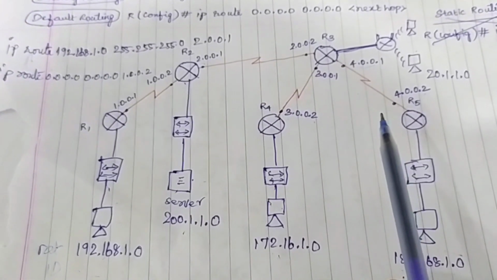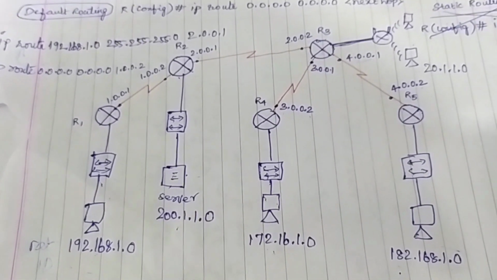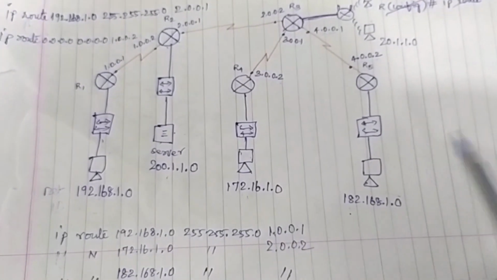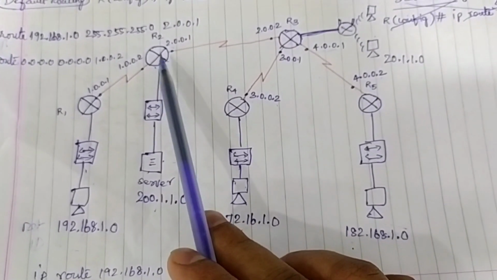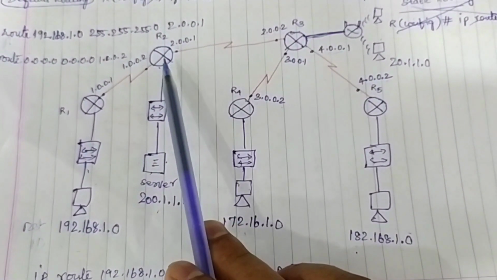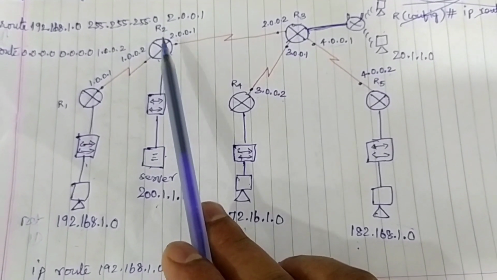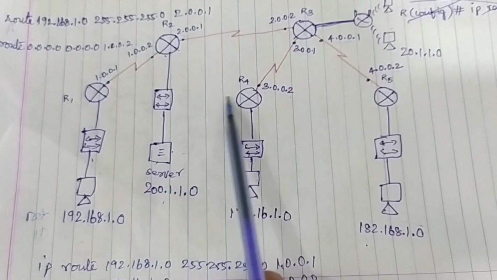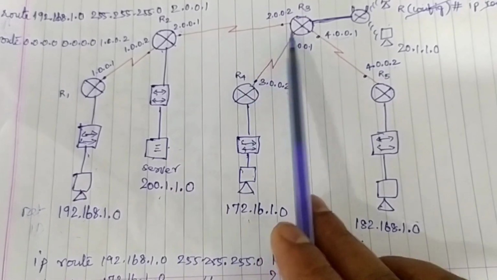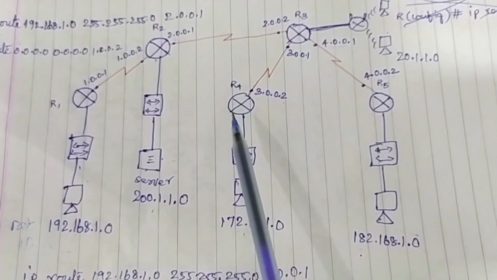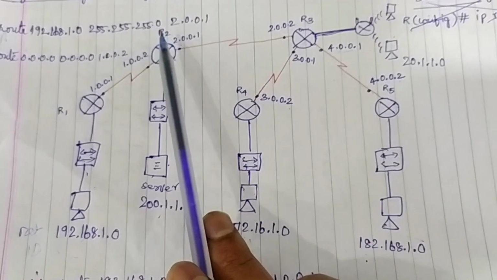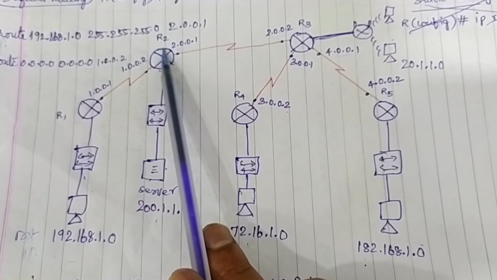Next we will discuss ACL. One more thing you remember: on one router we are doing static routing, right? On the remaining routers you have to do default routing, remember. Here I did static routing on R2.